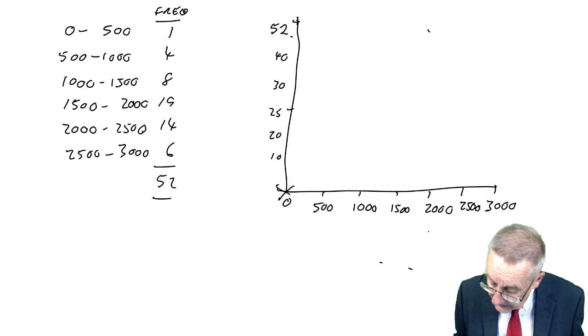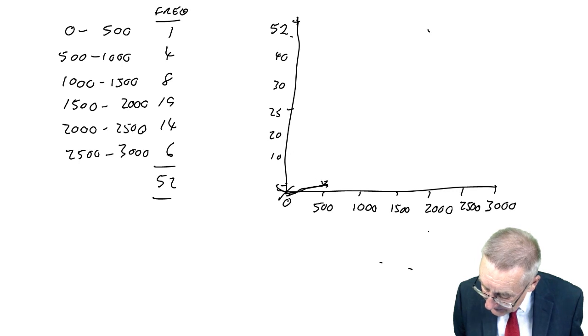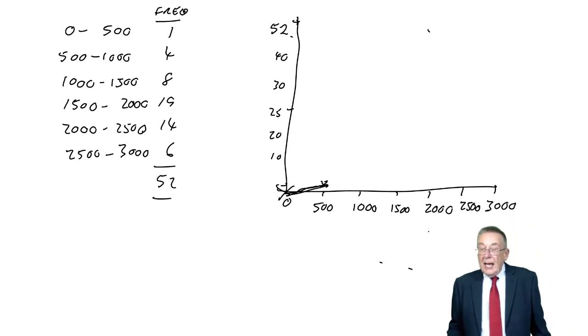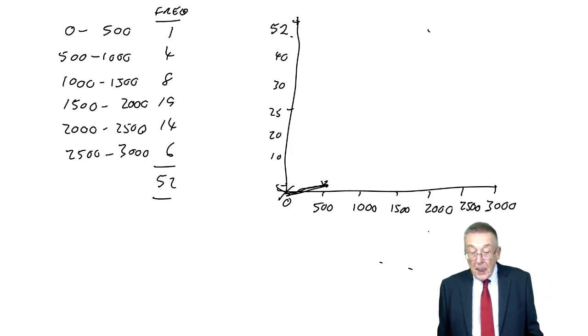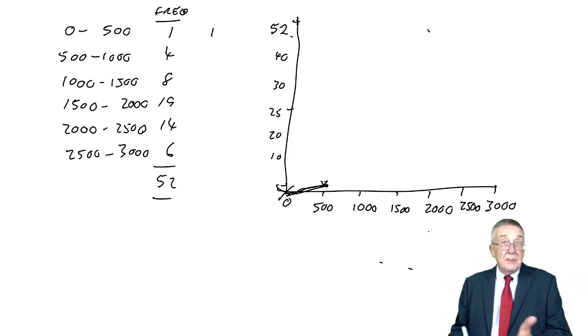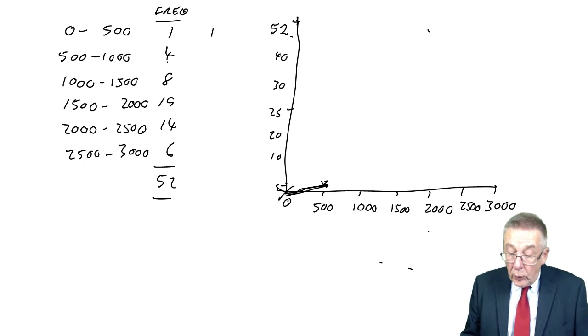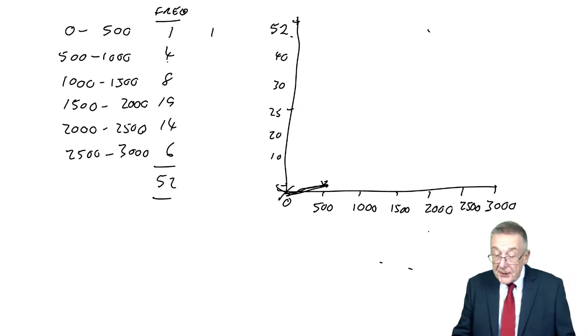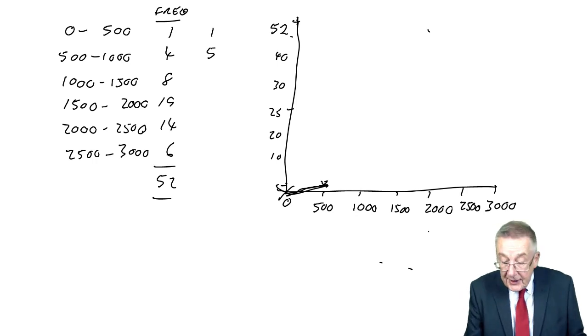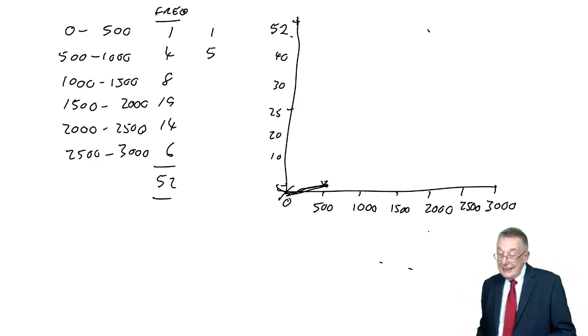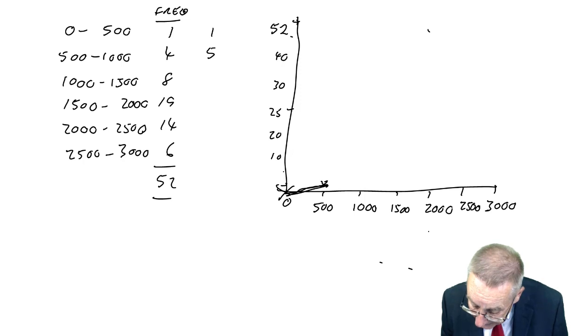All right, so one person is about there. So up to 500, there was one person. How many people in total earned up to 1,000? Well, one person earned up to 500. Another 4 people earned 500 to 1,000. So in total, 5 people earned anything up to 1,000. So at 1,000, 5 people is there.